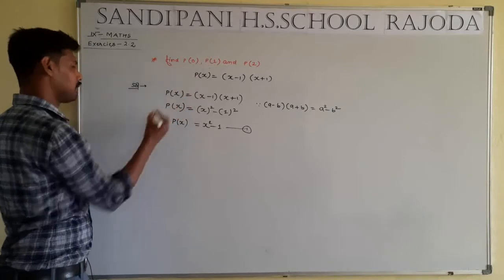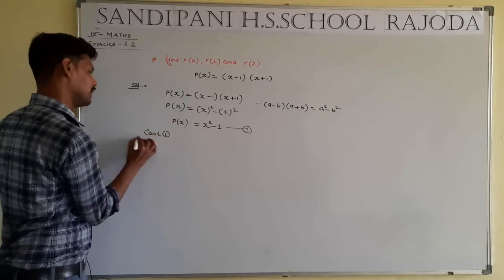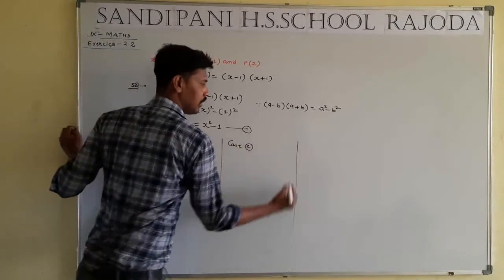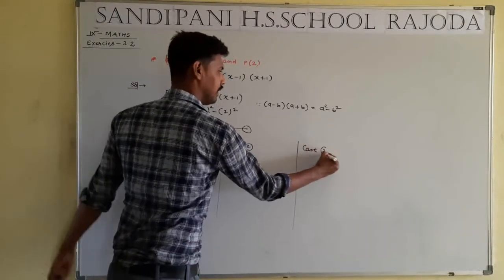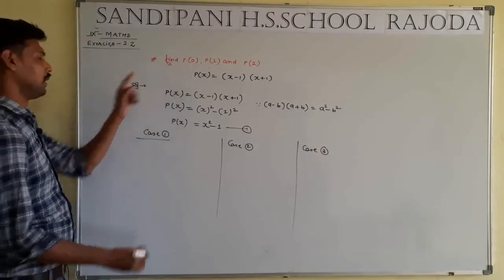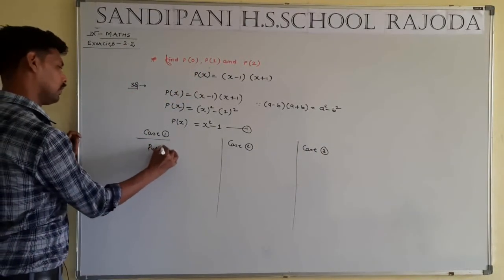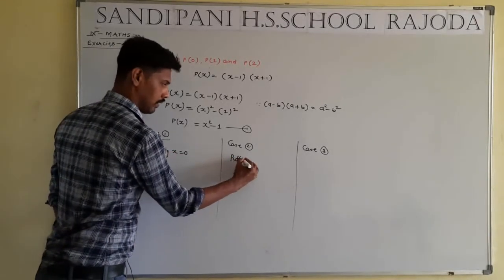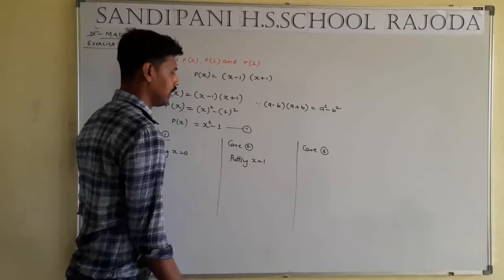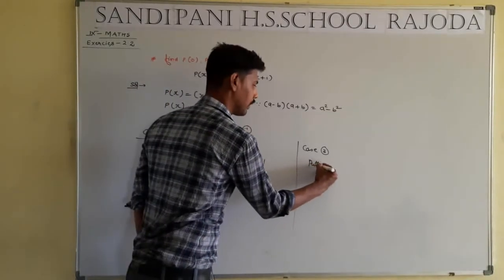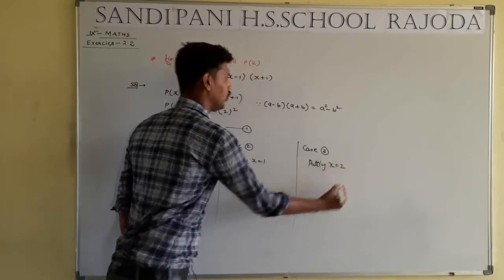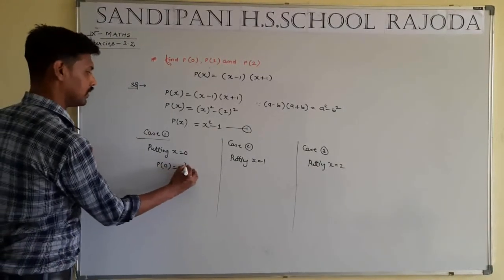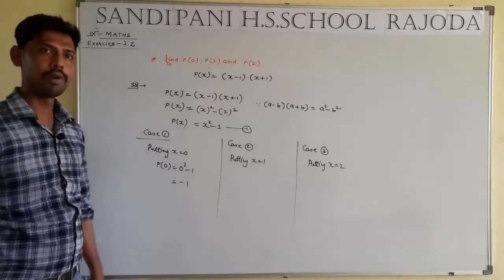Now case first, case second, and finally the case number 3. Student, firstly putting x equal to 0, putting x equal to 1, and finally putting x equal to 2, such that P0 will be equal to 0 minus 1, that means minus 1.